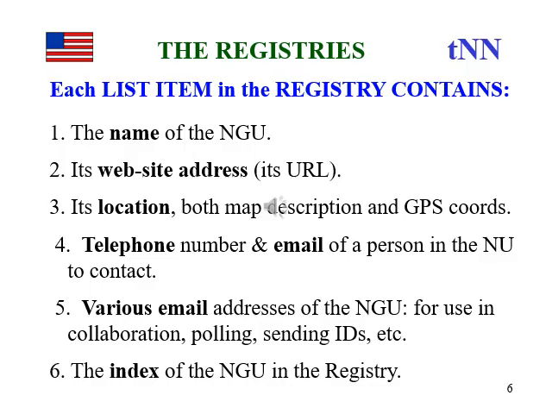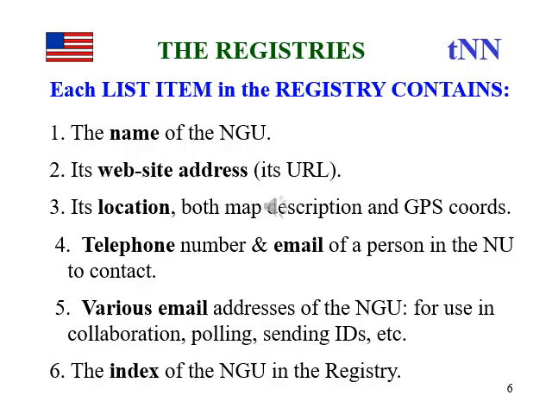Each list item in the registry contains 1. The name of the NGU. 2. Its website address, that is, its uniform resource locator. 3. Its location, both map description and GPS coordinates. 4.